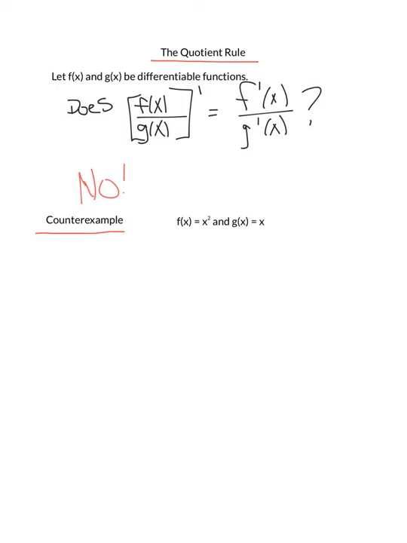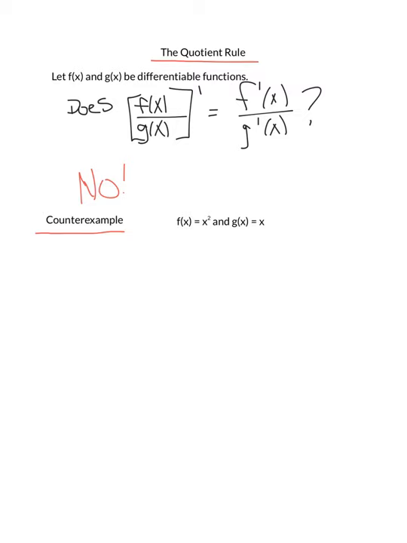So in our counterexample, I'm giving you f of x is equal to x squared and g of x is equal to x. Honestly, if you chose two functions, the odds of this working out are very slim because it's not true. But I just chose these two because they're easy to derive, they're easy to divide by each other, just overall easy functions.